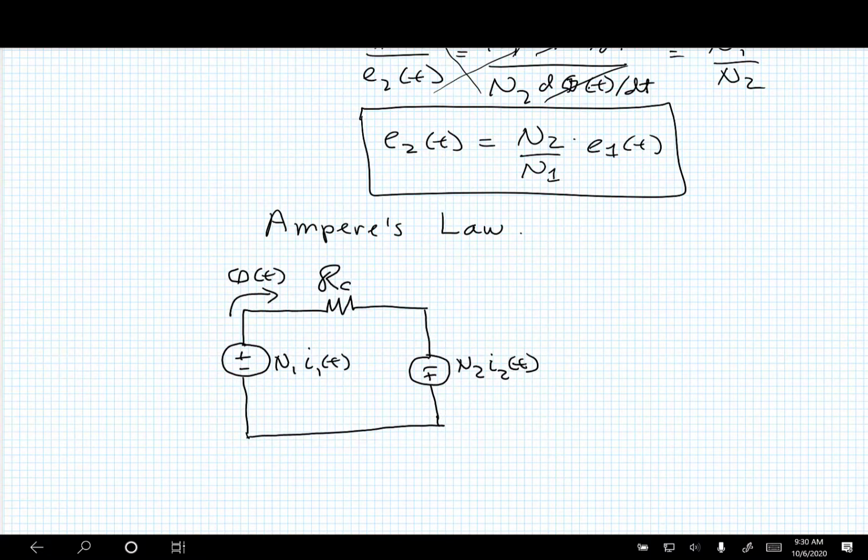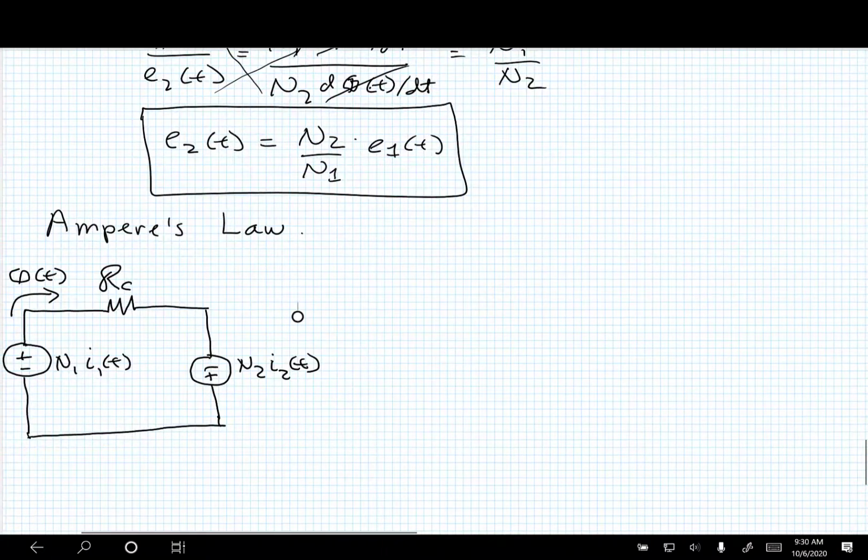Okay, so there's the magnetic circuit, and we can really come up with what Ampere's law is telling us from this magnetic circuit.